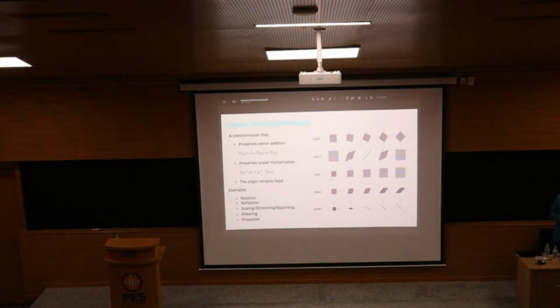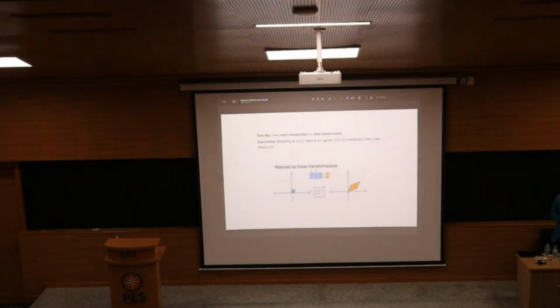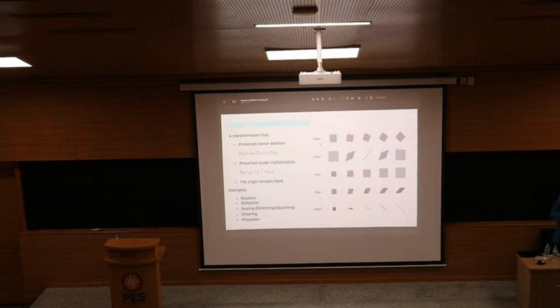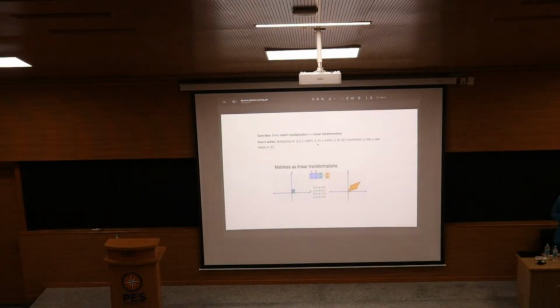This is termed a linear transformation, and there are different kinds that are possible. This is the physical meaning of doing linear transformations. But mathematically, if we talk about how transformations work, you have a vector, in this example, this one.